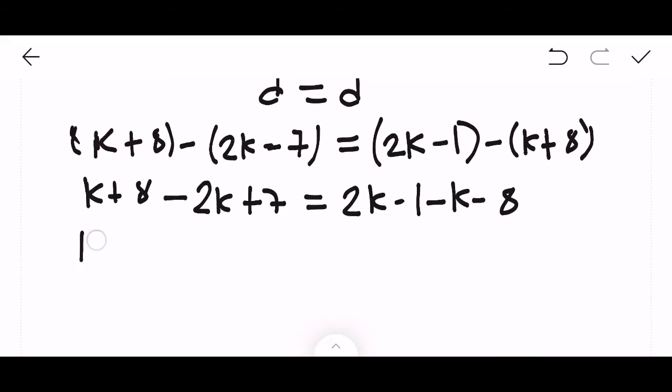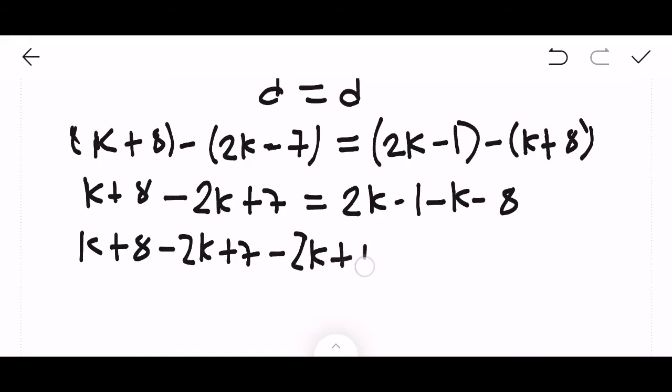So we will have k plus 8 minus 2k plus 7 minus 2k plus 1 plus k plus 8 equals 0. So now looking at like terms, we have k and k.